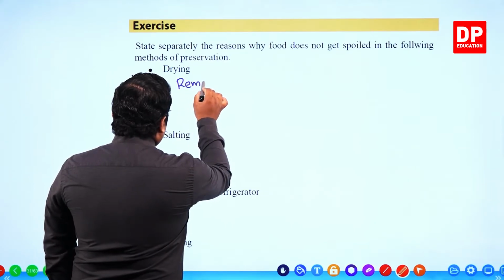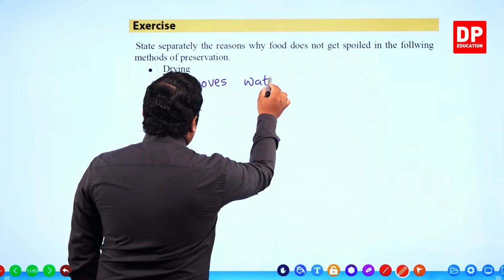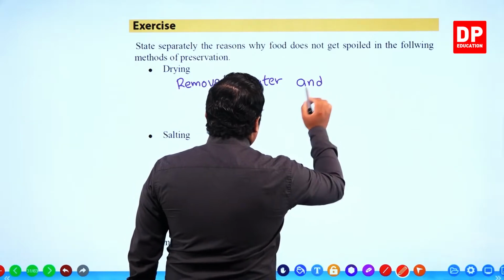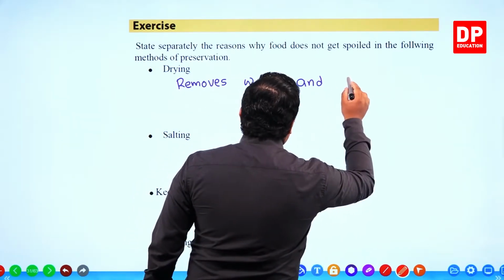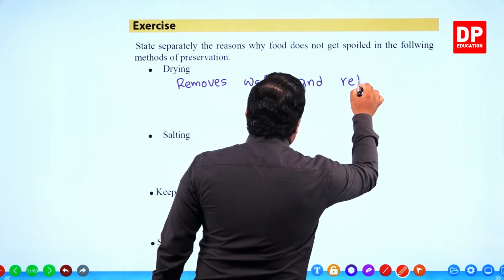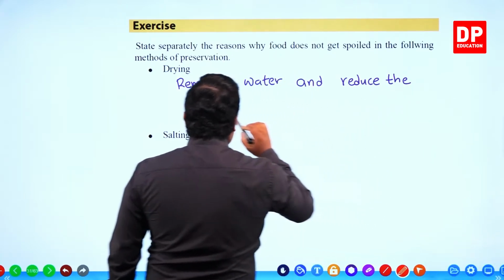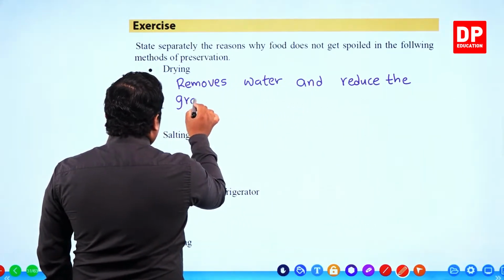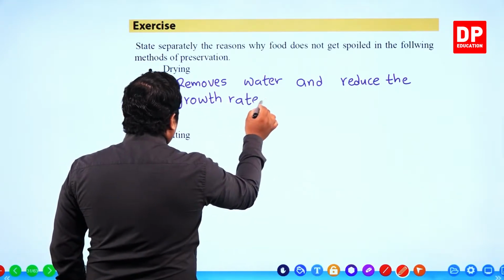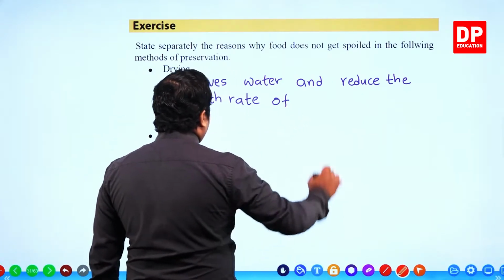Removes water and reduce the growth rate of microorganisms.